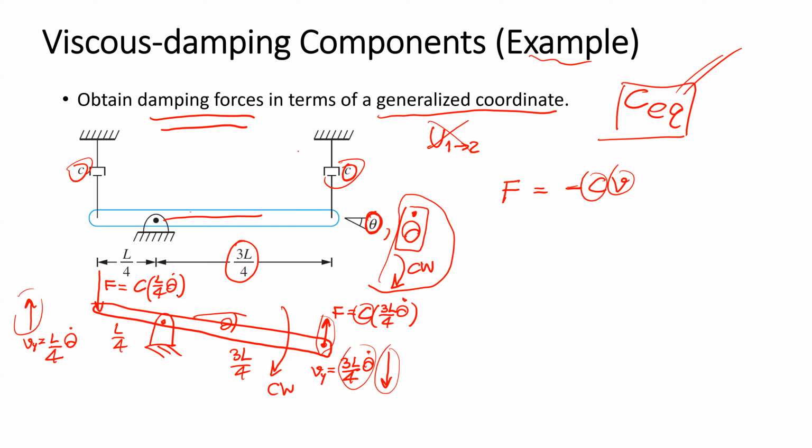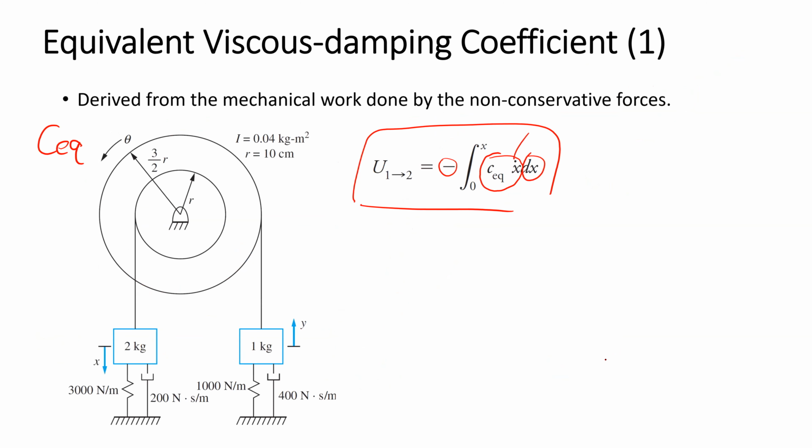To obtain the C equivalent, the idea is to consider the energy that is dissipated from the system by the damper.